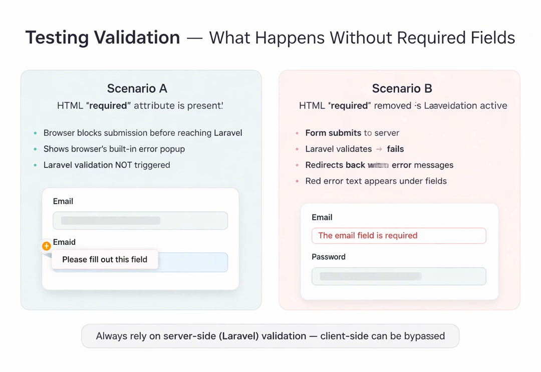Then, the instructor removes the HTML required attributes and submits the empty form again. This time, the form reaches Laravel. Laravel's validate method runs, it fails, and the user is redirected back to the form with error messages displayed in red under each field. This is server-side validation. The key lesson here: always implement server-side validation, because client-side validation can easily be bypassed by anyone who knows how to use browser developer tools.